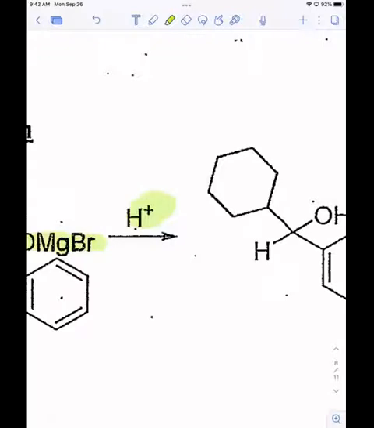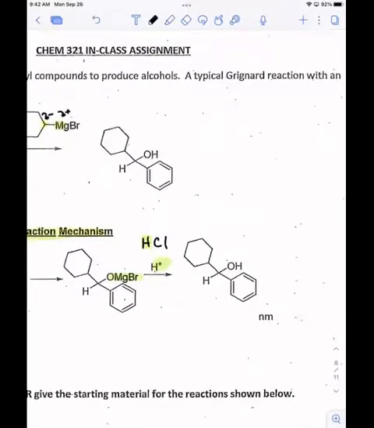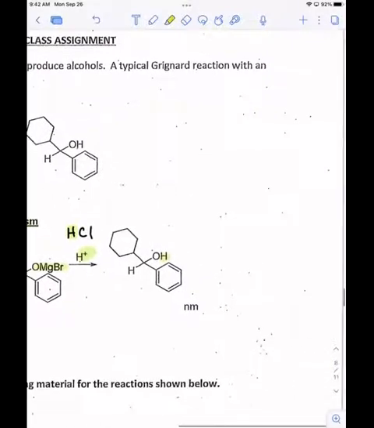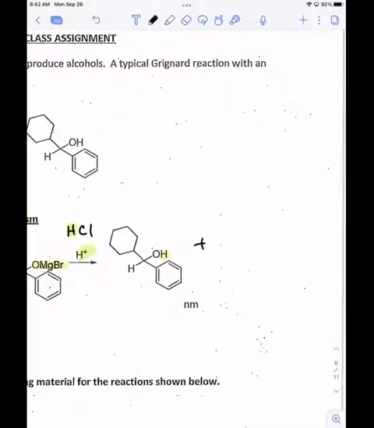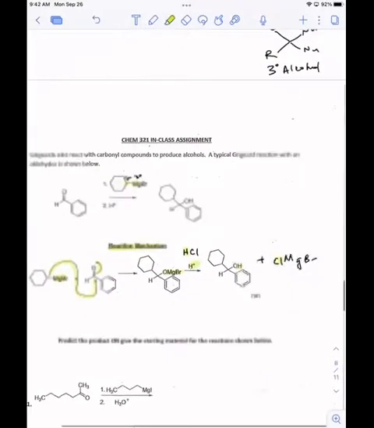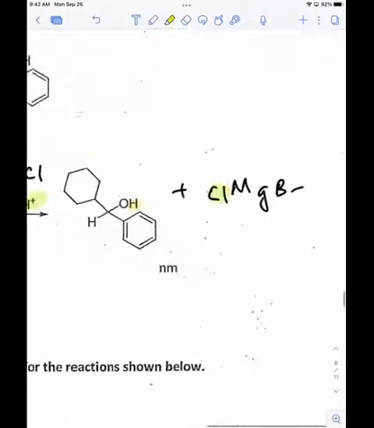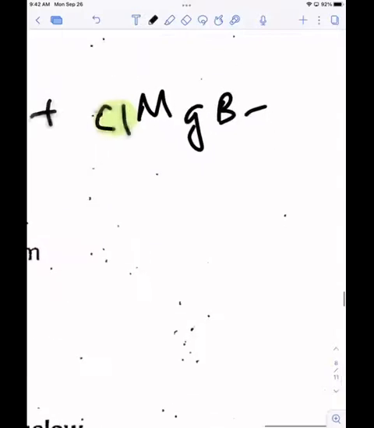So let's say, for instance, if I used HCl, it can be any acid, but if I use very dilute HCl, the proton is going here, but the chlorine is going to be here. So that's for any acid. Whatever acid you use, the conjugate base always ends up with magnesium. Let me write that out.